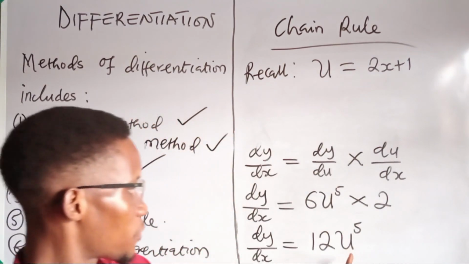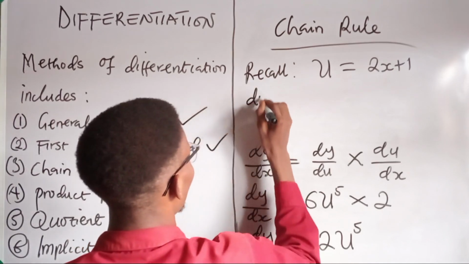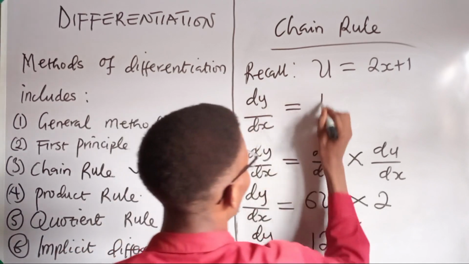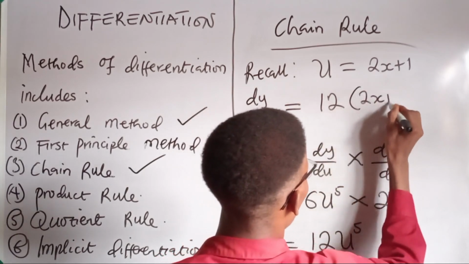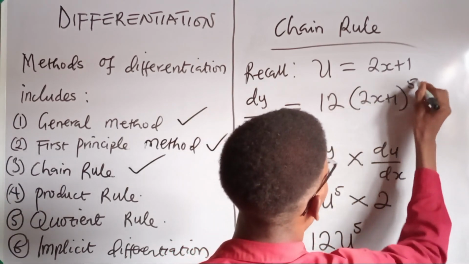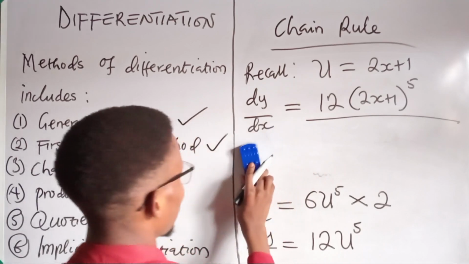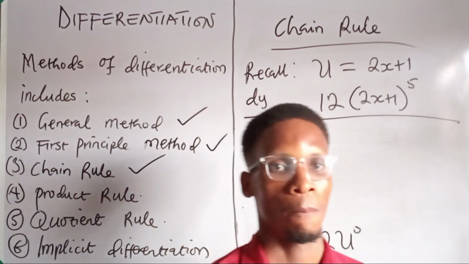So if we substitute the value of u, we will now have dy over dx is equals to 12 bracket 2x plus 1 raised to power 5. This is the method that you're going to apply to solve this problem.